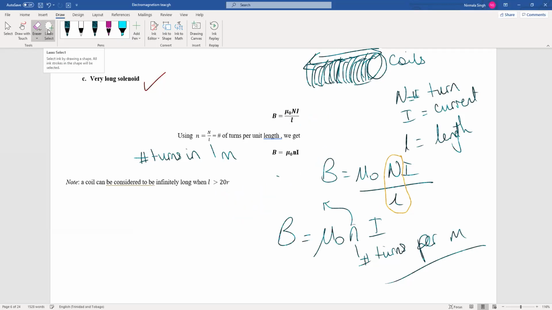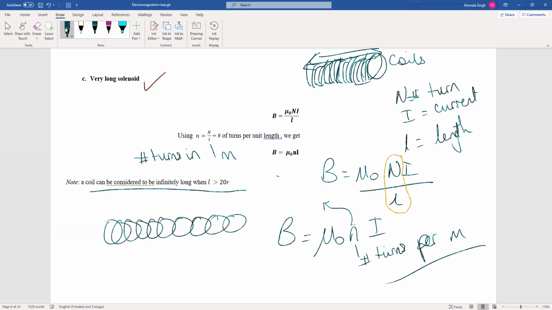And please note, a coil can be considered to be infinitely long if L is more than 20 R. So if this is your solenoid, a very long solenoid, and the length of your solenoid is more than 20 times the radius of your solenoid, it's considered to be infinitely long.